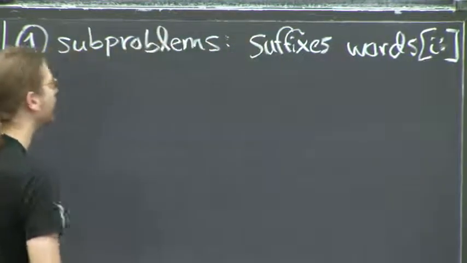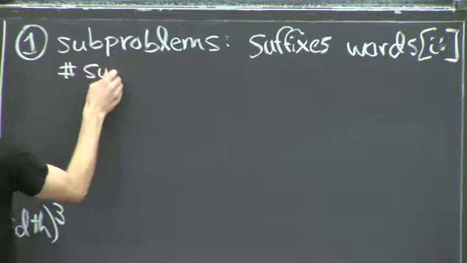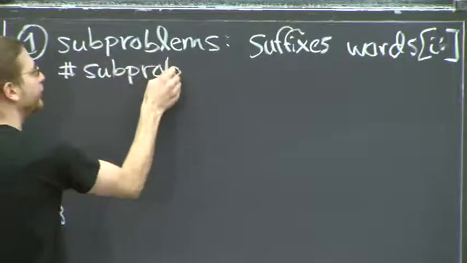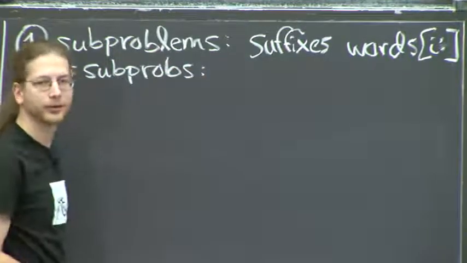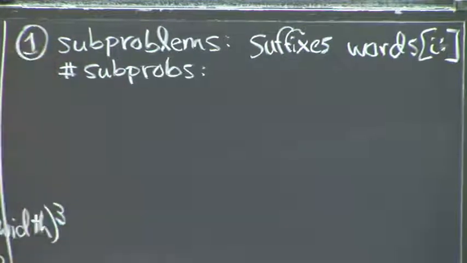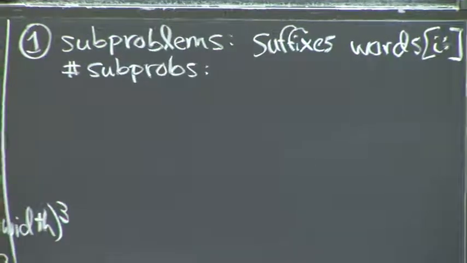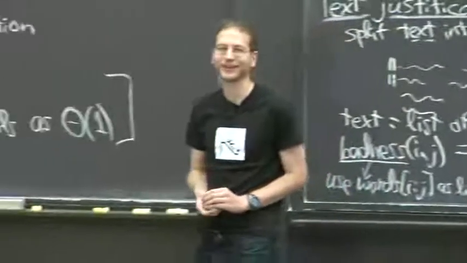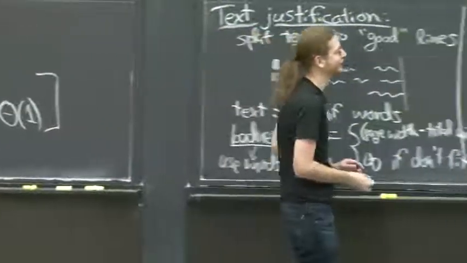Okay, how many subproblems are there? If I have n words, 2 to the n? That would be a problem if it was 2 to the n. I hope it's only n.